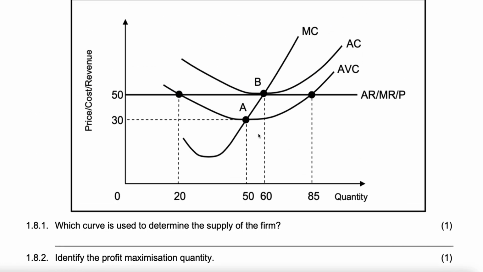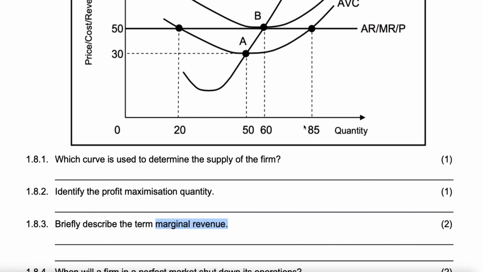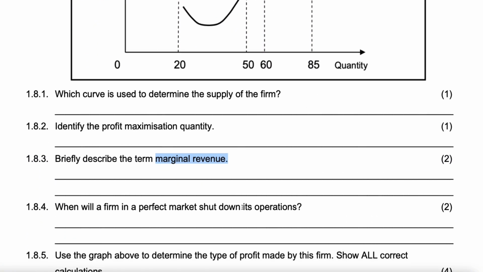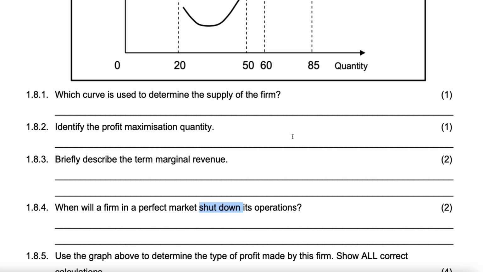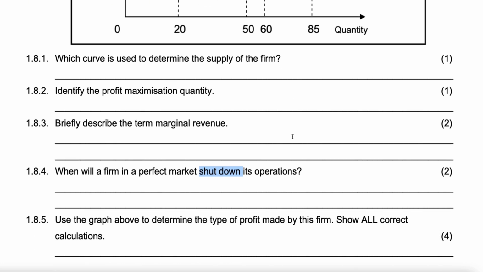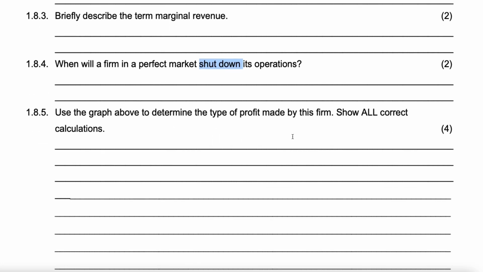A firm will shut down when its price or AR is less than or equal to its average variable cost. If you want, you can talk about total revenue: if its total revenue is less than or equal to its total variable cost. Another way of saying it, a firm should consider shutting down when it cannot cover its variable costs.